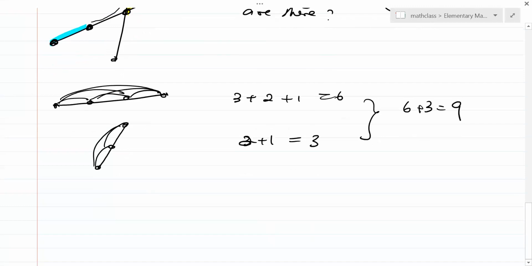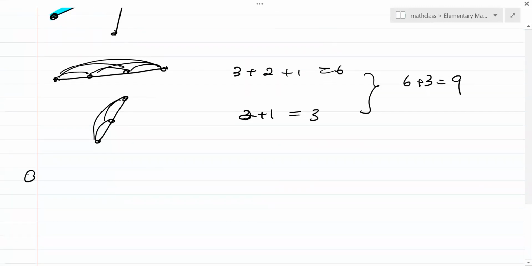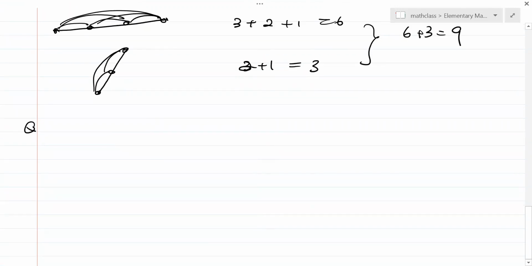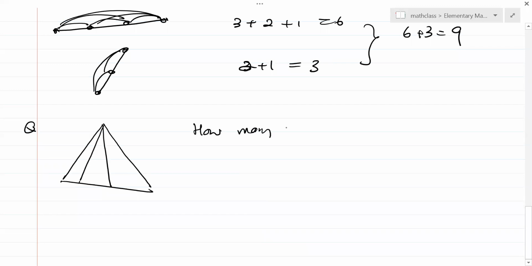All right, my next problem is a triangle. In the large triangle, I already drew 2 lines. My question is, how many triangles are there?